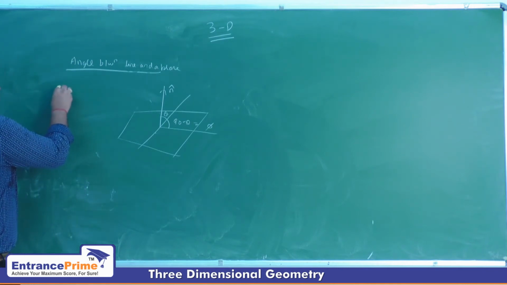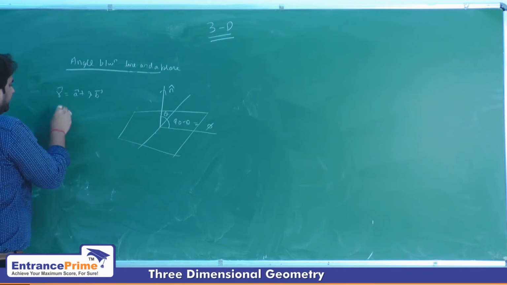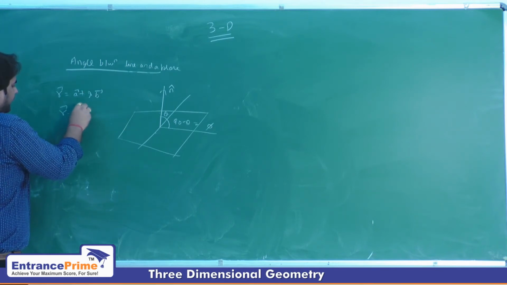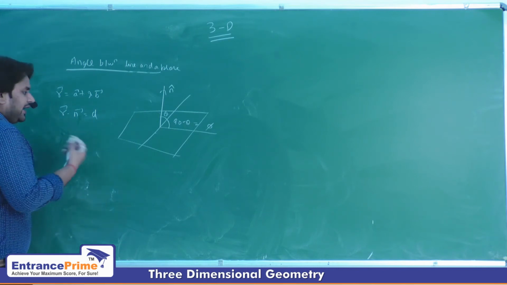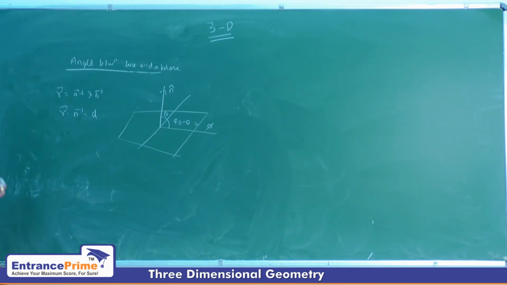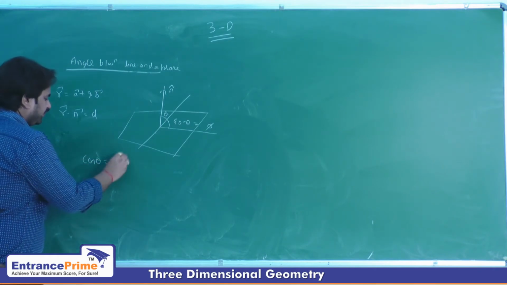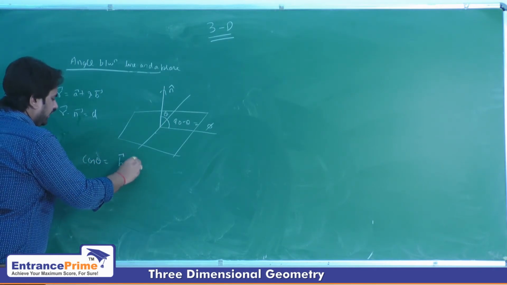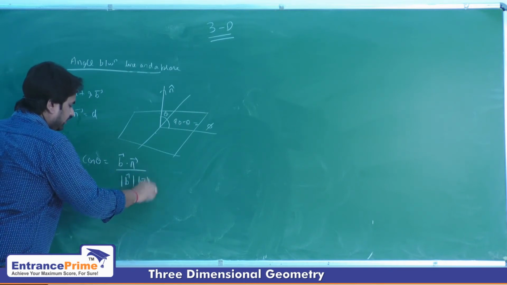I am taking line is equal to r is equal to a plus lambda b, and the plane is r dot n vector, that is equal to d. And if you want to find the angle between them, so angle will be cos theta is equals to b vector dot n vector divided by magnitude of b into magnitude of n.